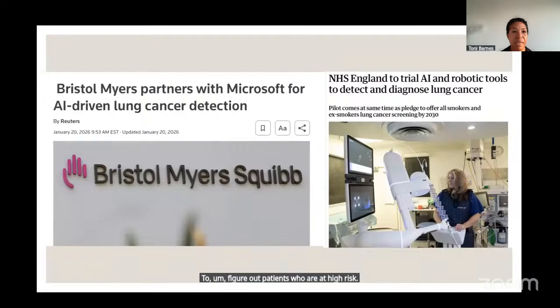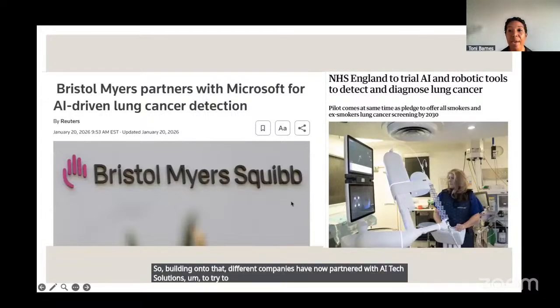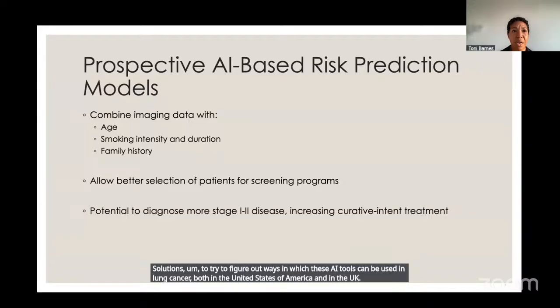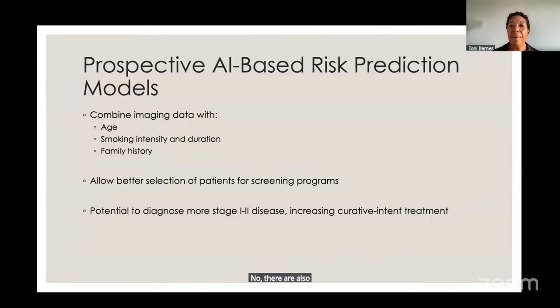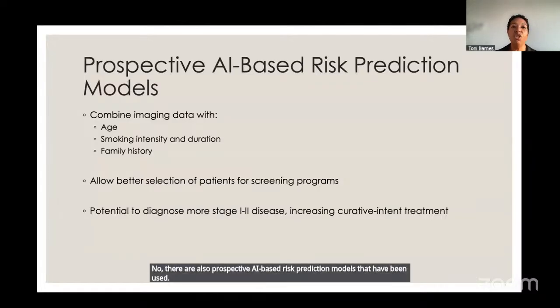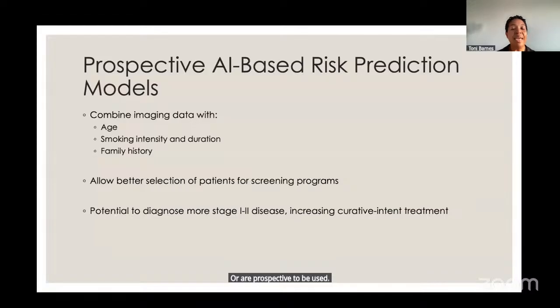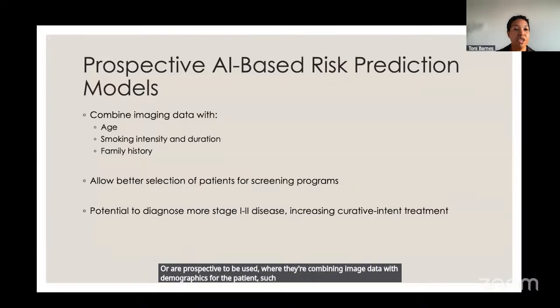Building onto that, different companies have now partnered with AI tech solutions to try to figure out ways in which these AI tools can be used in lung cancer, both in the United States of America and in the UK. Now, there are also prospective AI-based risk prediction models that have been used or are prospective to be used, where they're combining image data with demographics for the patient, such as their age, their smoking history, and their family history.